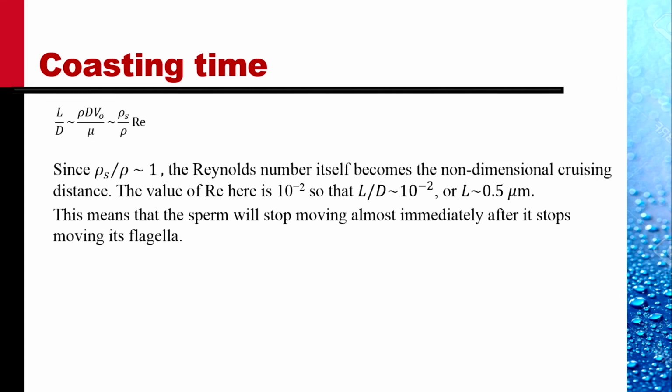Since rho s by rho is like 1, the density of the sperm and the density of the plasma being about the same, the Reynolds number itself becomes the non-dimensional cruising distance. The value of Reynolds number is 10 raised to minus 2, so that L by d is 10 raised to minus 2, or L is like 0.5 micrometers.